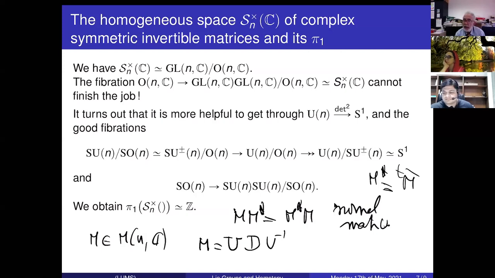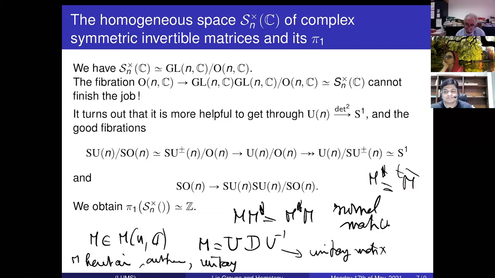These are exactly the matrices which can be reduced to diagonal form with a unitary matrix. That means there is an orthonormal basis with respect to the Hermitian product in which the matrix is diagonal. There are a lot of examples of these matrices. Let us say if M is Hermitian, it will work. Anti-Hermitian, it will work. Unitary, it will work.